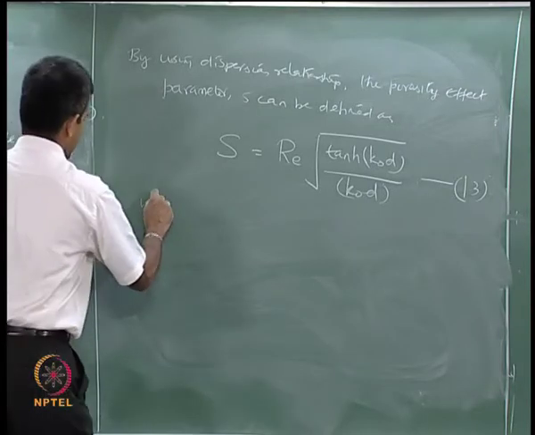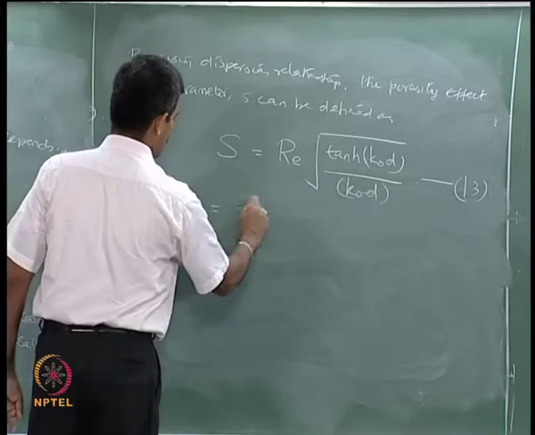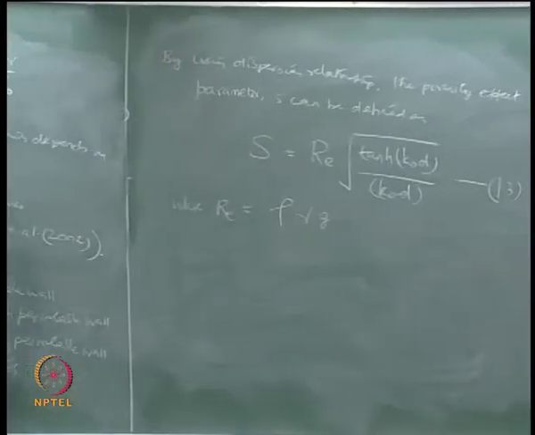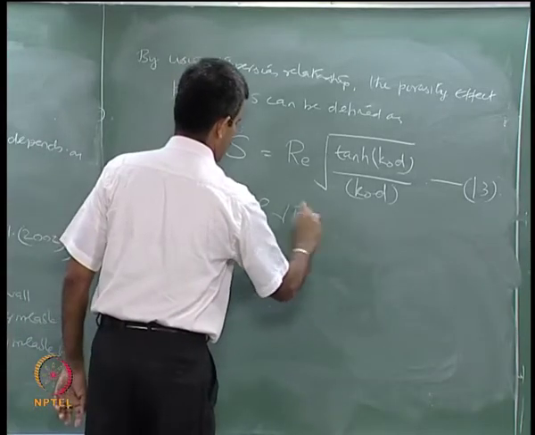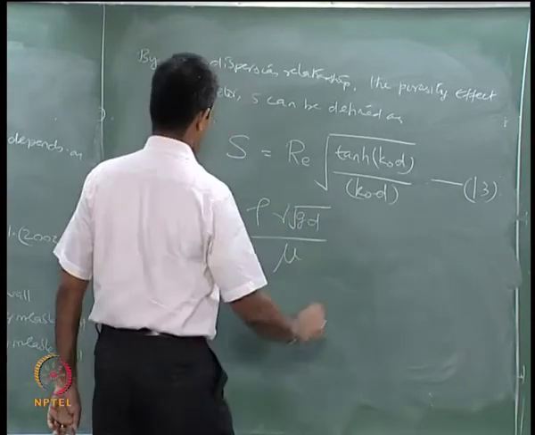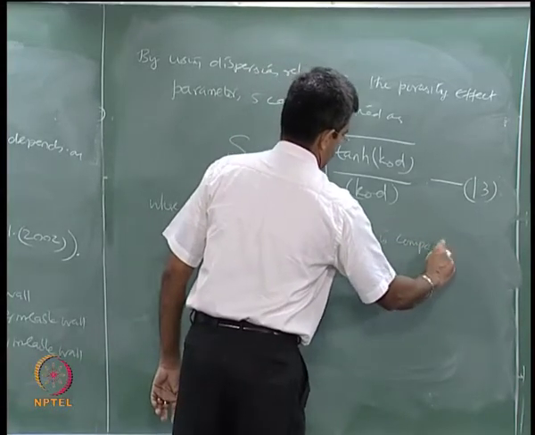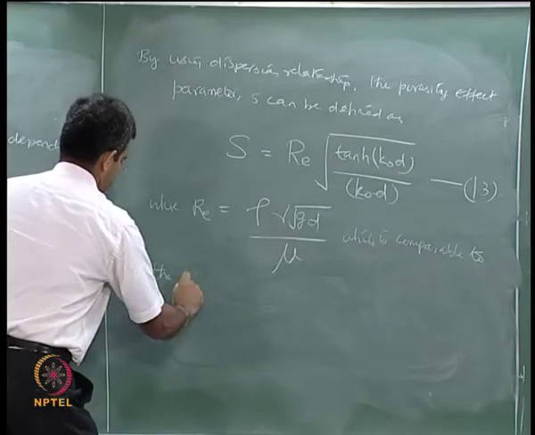Where Re, this Re is equal to rho nu root g d by mu, which is comparable to the Reynolds number.